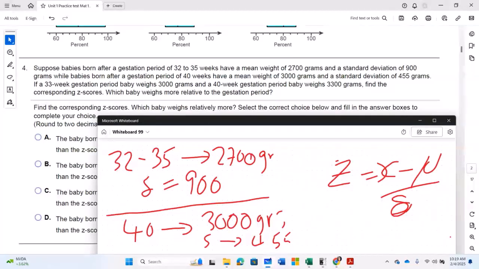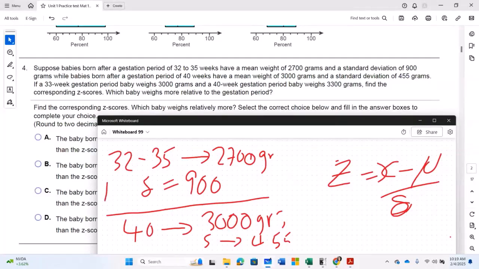So we have to take it easy because now we know that they're asking us about two different things, apples and oranges. We cannot compare until we find the z-score. So we're going to find the z-score.